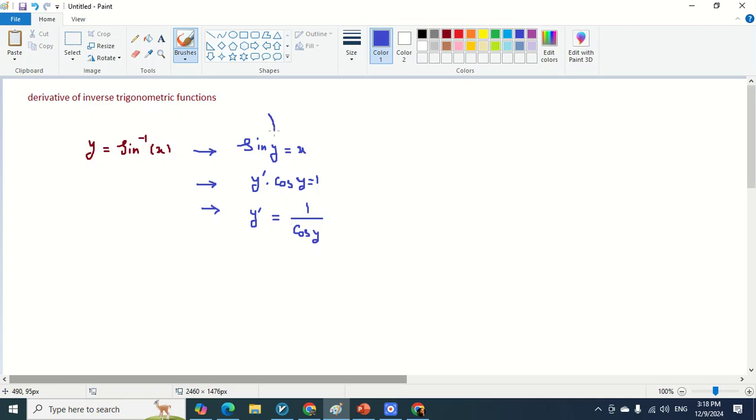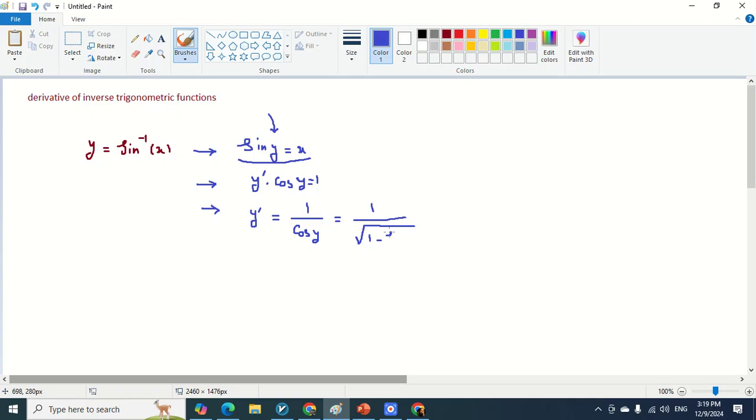We know that the sine of y is equal to x. It's given at the beginning that the sine of y equals x. This is the relation between y and x. So I should change this cosine to that format. There are two forms of calculation right now. One form is using the trigonometric identity. We know that the cosine of y can be written as the root of 1 minus sine square.